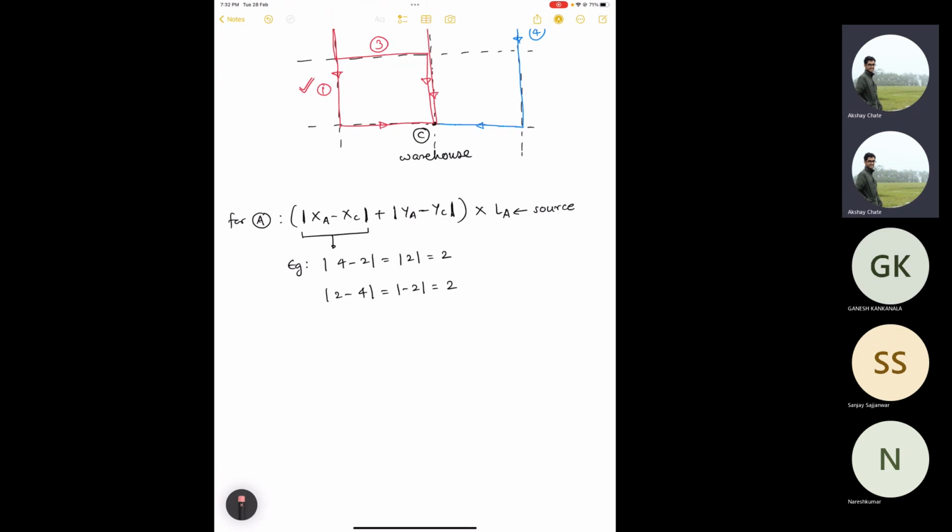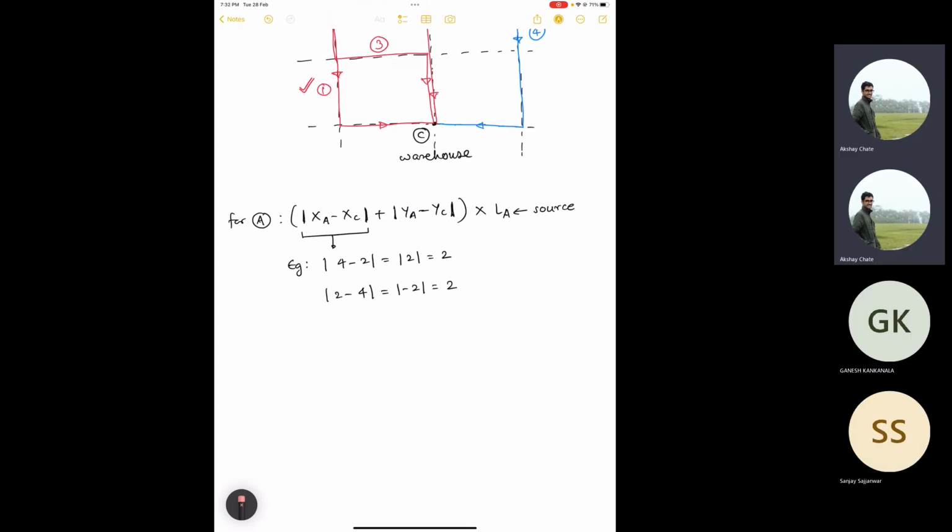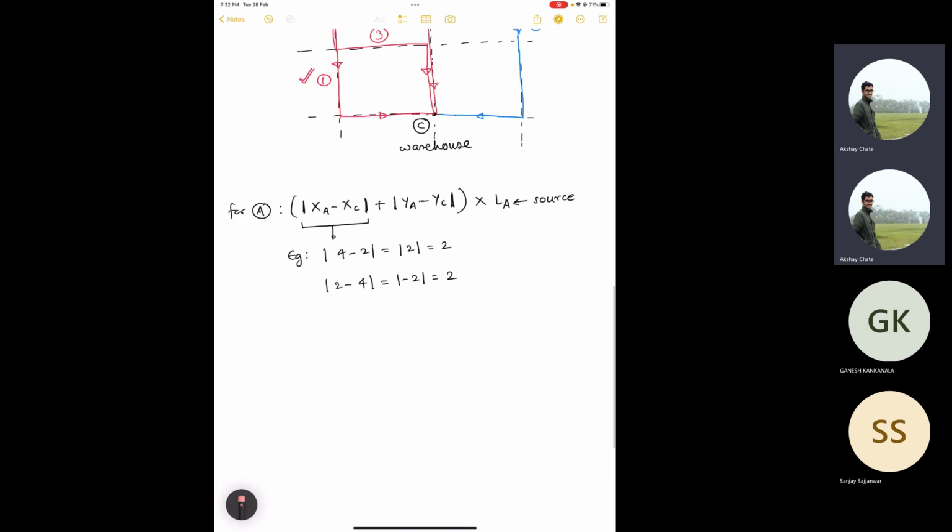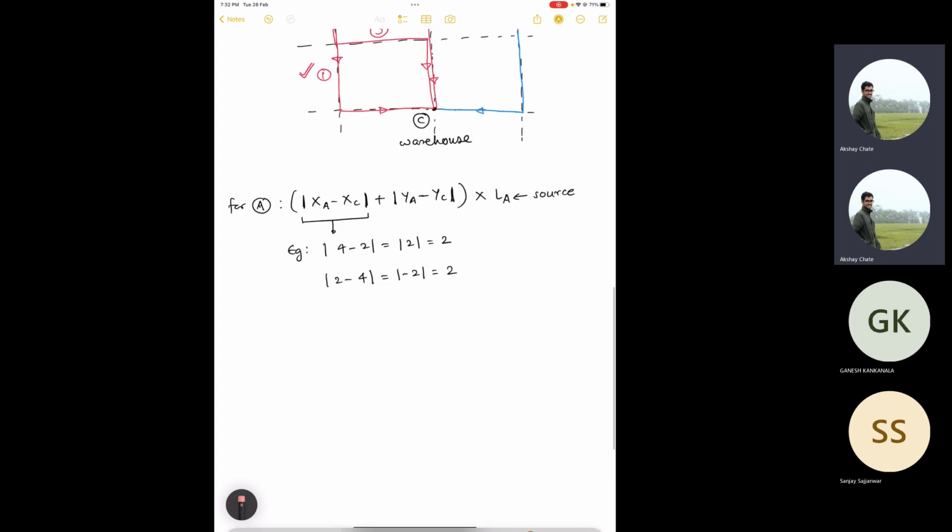If you just go through it, you'll realize here though we just write distance as mod xa minus xc and ya minus yc, in reality, the things need to be considered properly. So, for example, I'll take one example since this is a discussion class.